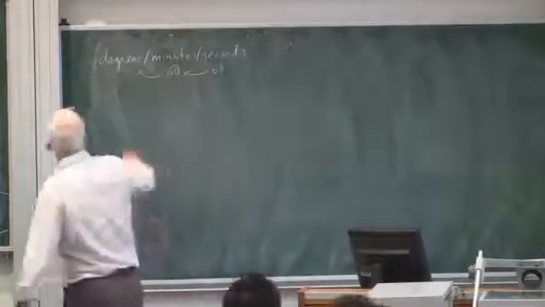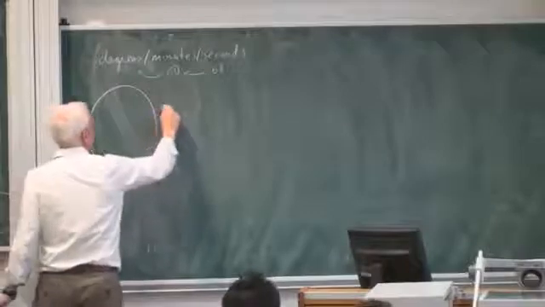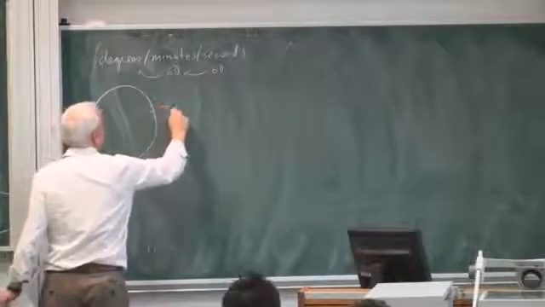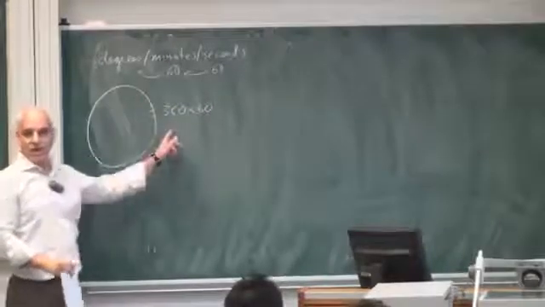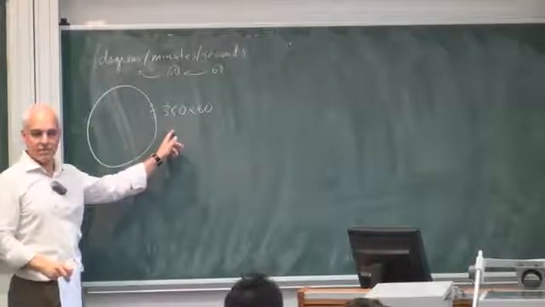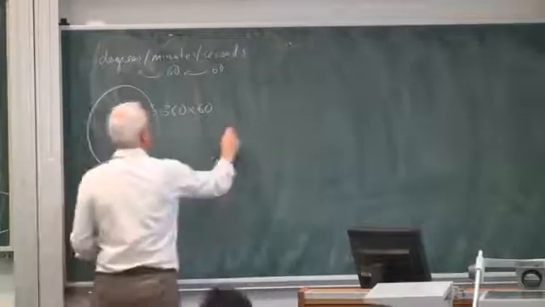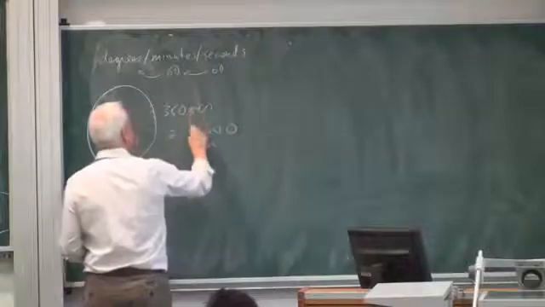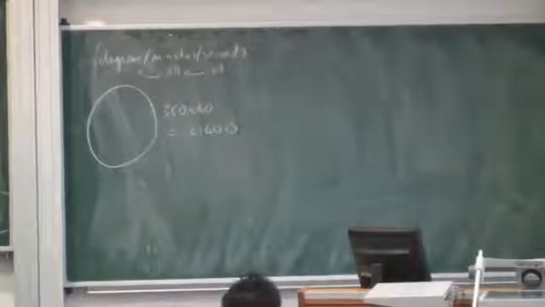For this reason, they wanted to think of the circle as having essentially 360 times 60 units around it. Whatever that number is, what is it? It's 21,600.